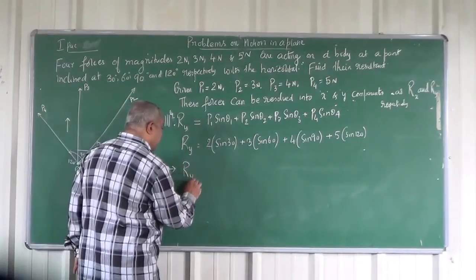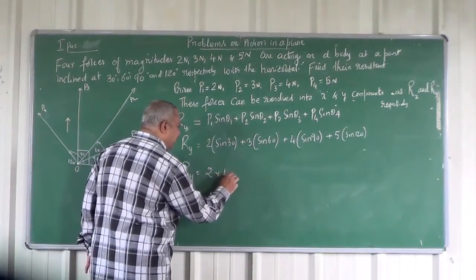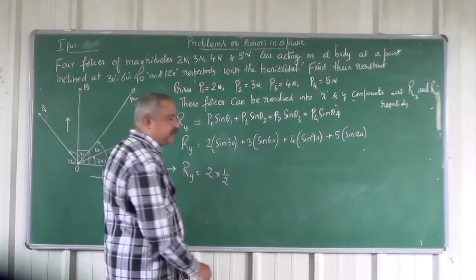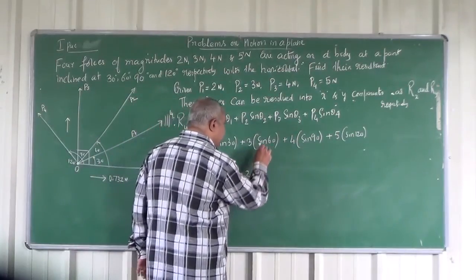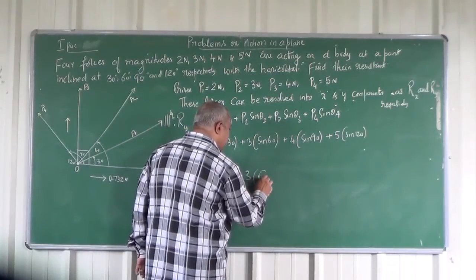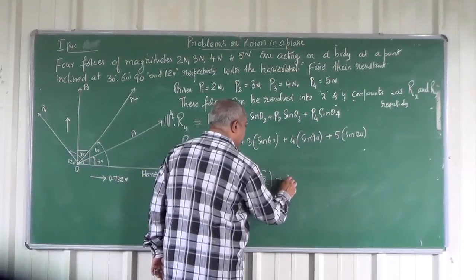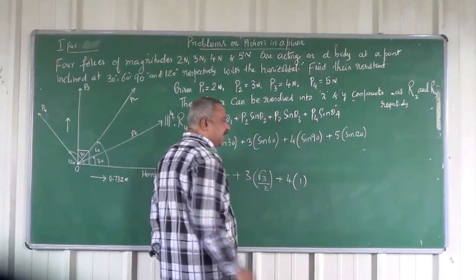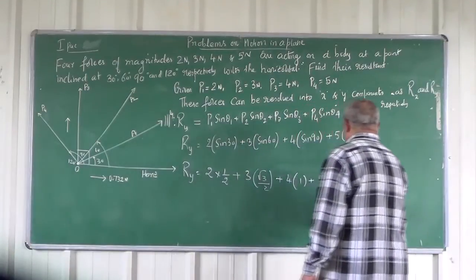So Ry is 2 into half, since sin 30 is half, plus 3 into sin 60, sin 60 is root 3 by 2, plus 4 into sin 90, sin 90 is 1, plus 5 into sin 120.